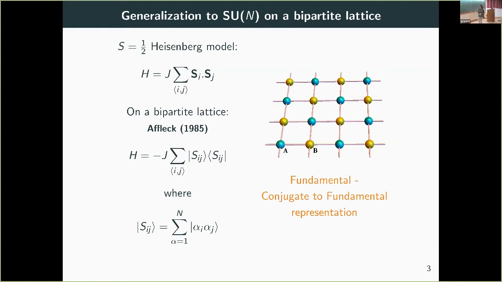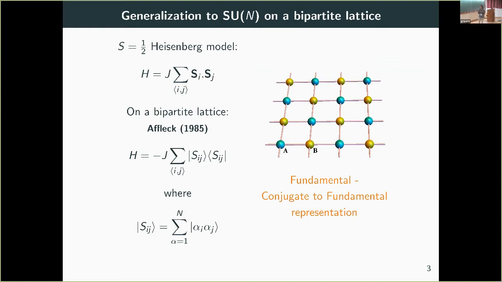I can then write this model as a sum of singlet projectors on nearest neighbor bonds. The singlet is an SU(N) singlet, given like this. The spin states at each site are in the fundamental representation of SU(N) on one of the sublattices, say the A sublattice, and the conjugate to fundamental on the other sublattice.